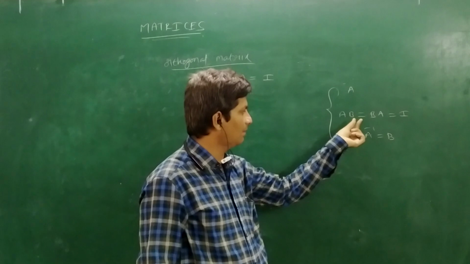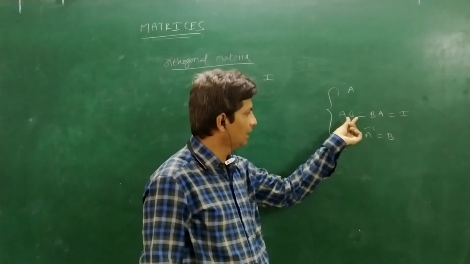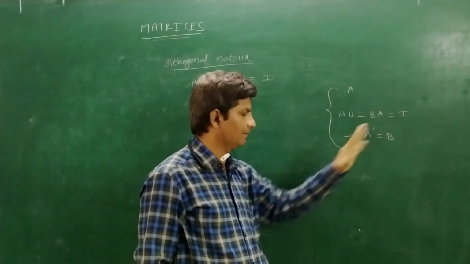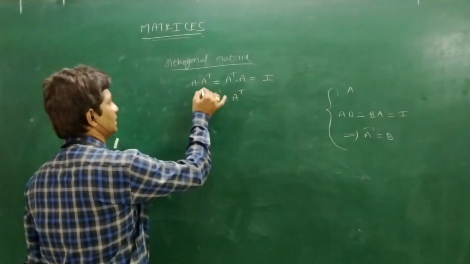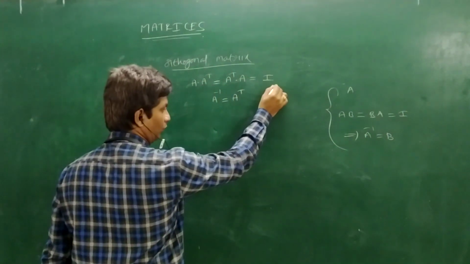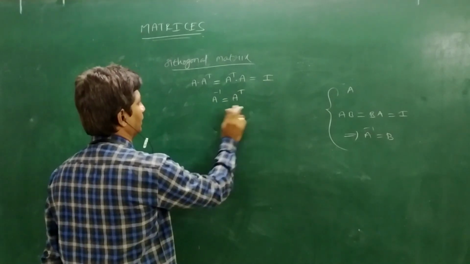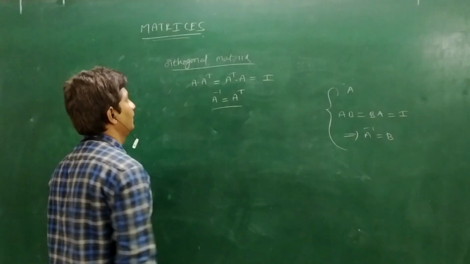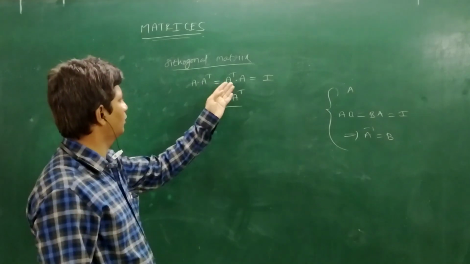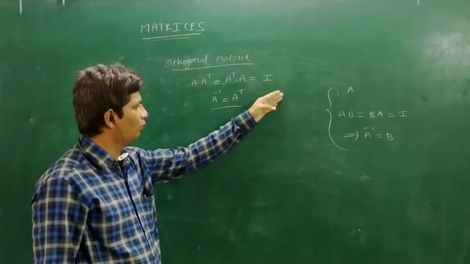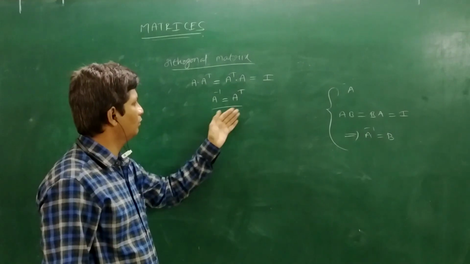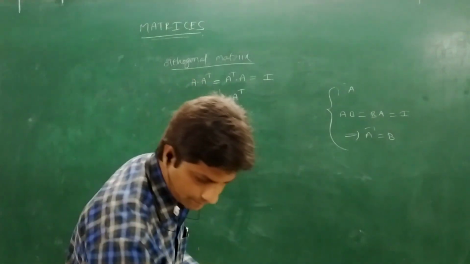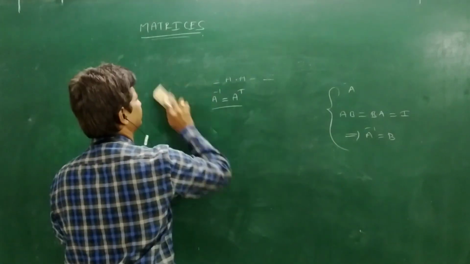Then there exists another matrix capital B such that AB equal to BA equal to I. Then A inverse equal to B. This is the definition of inverse of a matrix. That means A inverse equal to B, which is A transpose. So if A into A transpose equal to A transpose into A equal to I, or A inverse equal to A transpose, then the matrix is called an orthogonal matrix. Next.